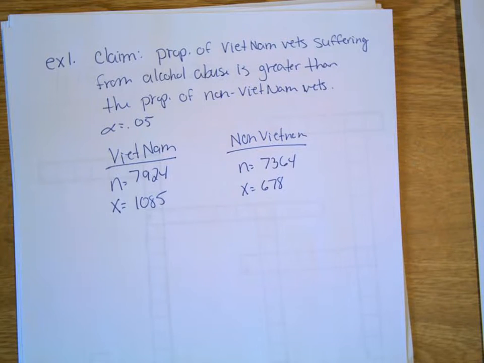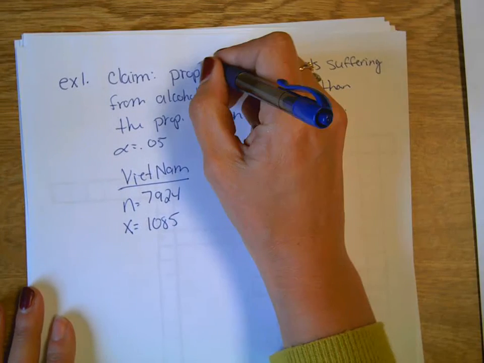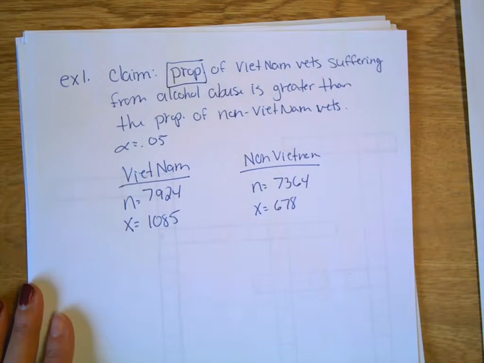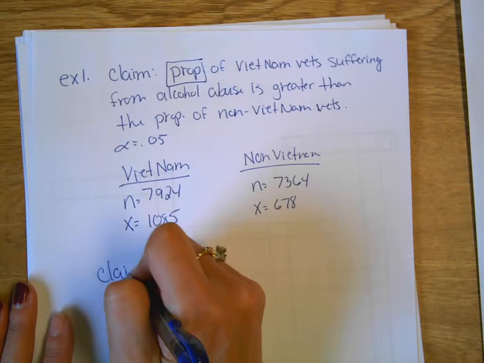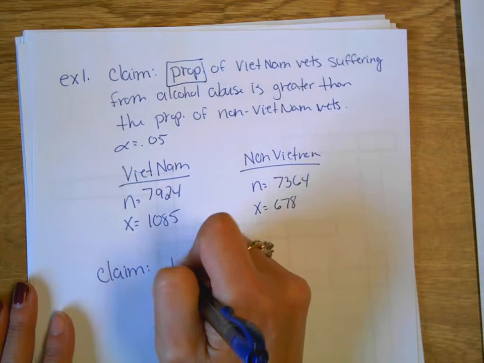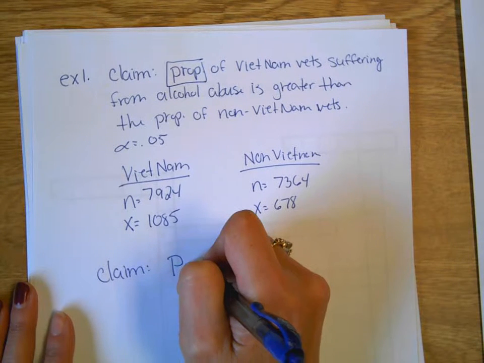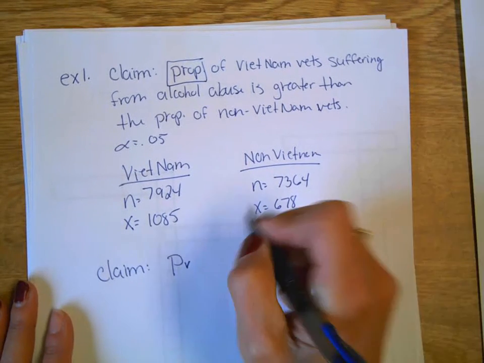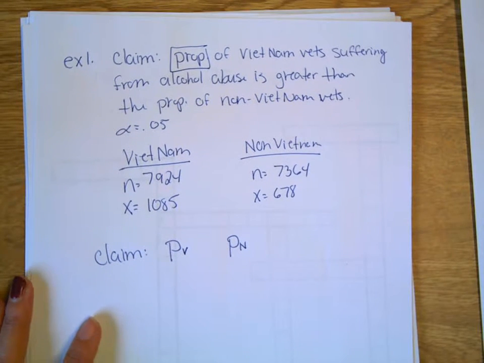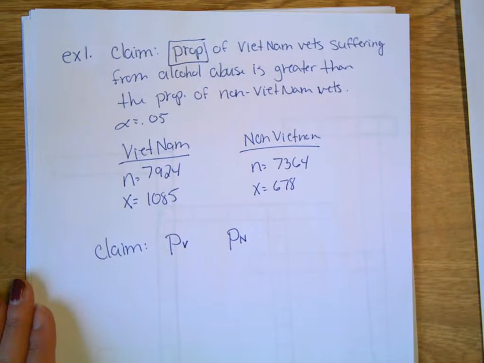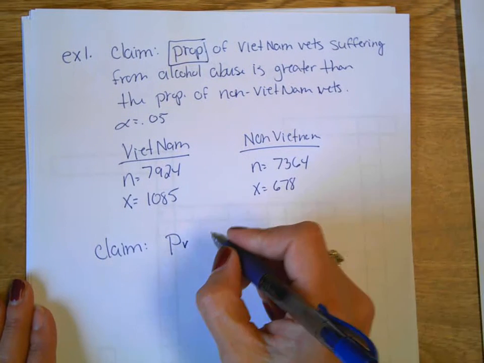All right, so same thing as before, we start by rewriting the claim. And the claim is talking about proportions and not means. That's why there's no bars here. So the claim is that the proportion of Vietnam, I'll use V for Vietnam, and we're comparing to the proportion of non-Vietnam. And what are they saying about those two proportions? Vietnam is bigger.